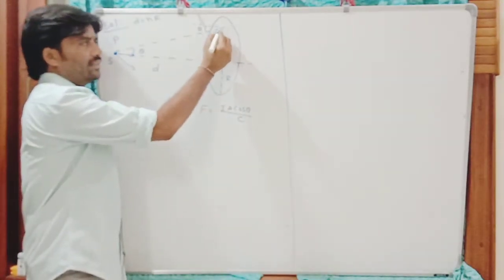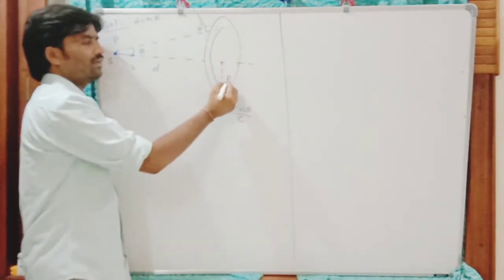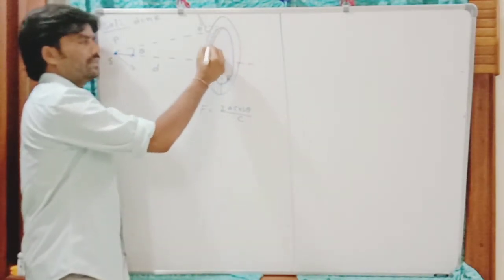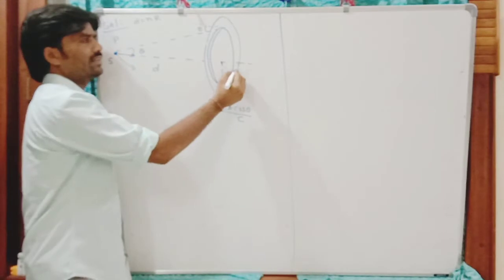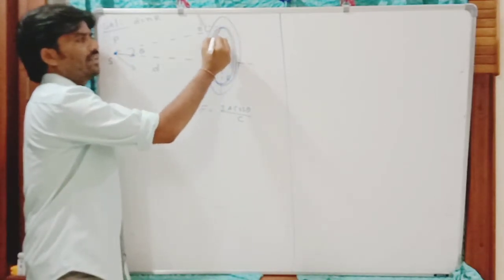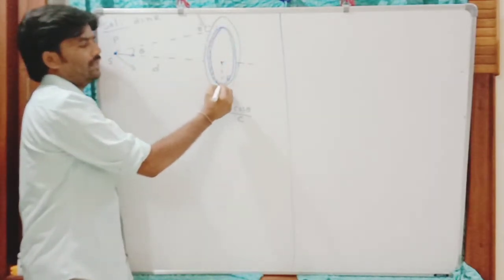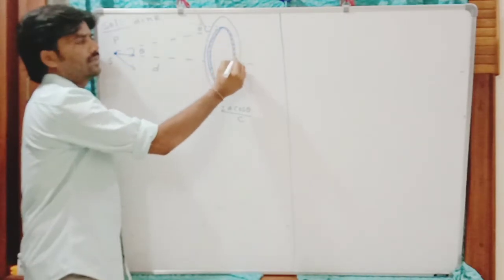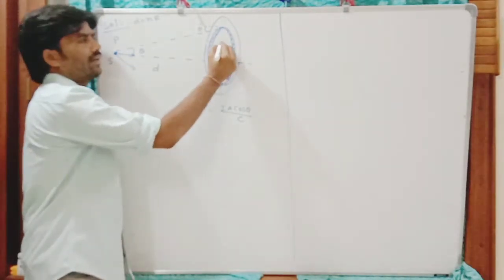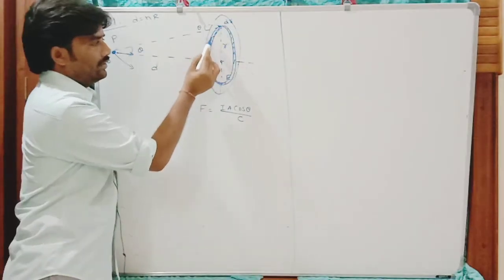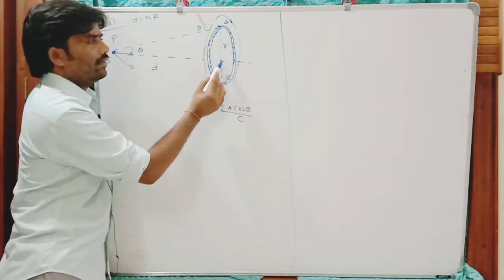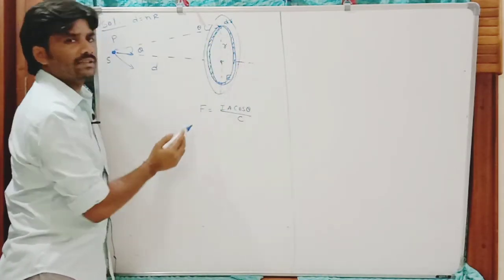For that, let us divide this disk into small circular elements. This is one of the elements. This is like a ring, an elementary ring. Its radius is r, a small elementary ring of thickness dr.